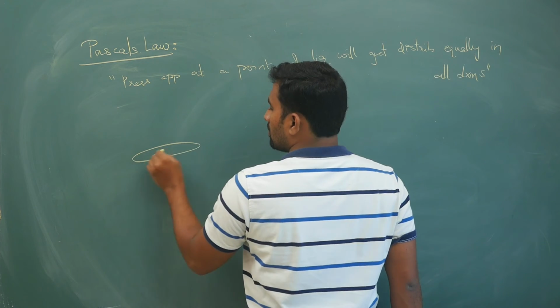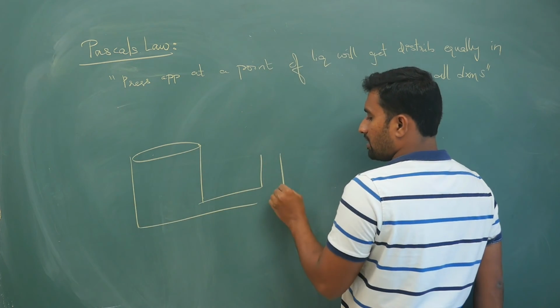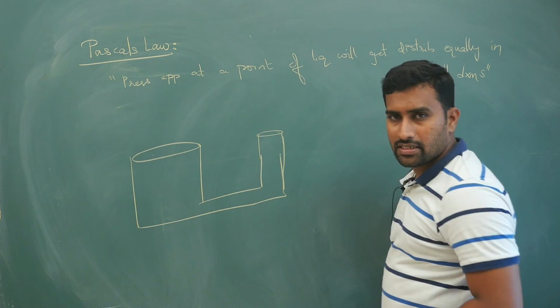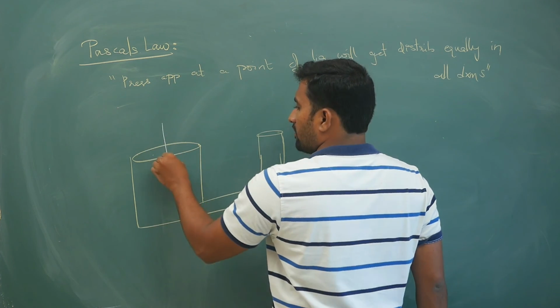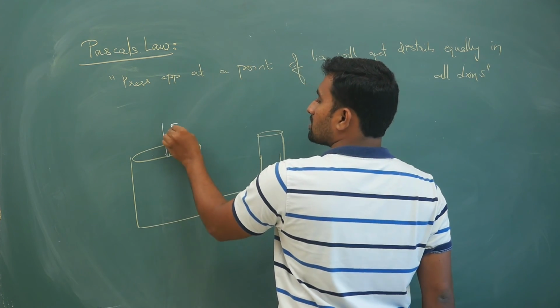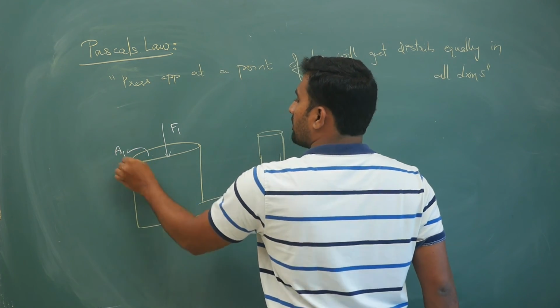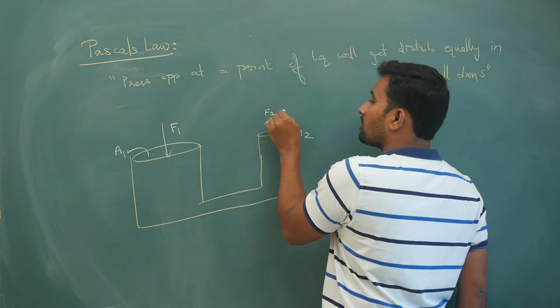I will tell you. The hydraulic brake and all these things will work on this mechanism only. If you take a huge mass, take the force as F1 with area A1, and here the area is A2 and the force is F2.